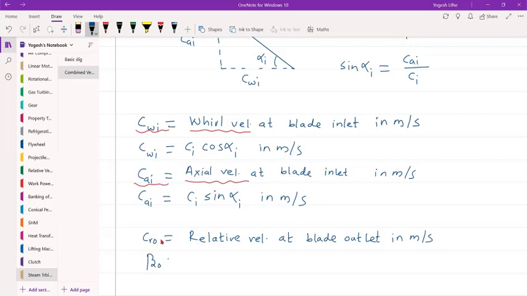And after that, beta O means blade angle at blade outlet. Write down this point, everyone.